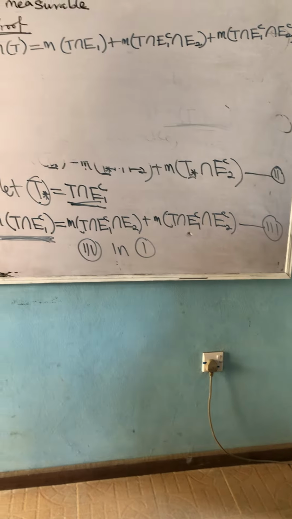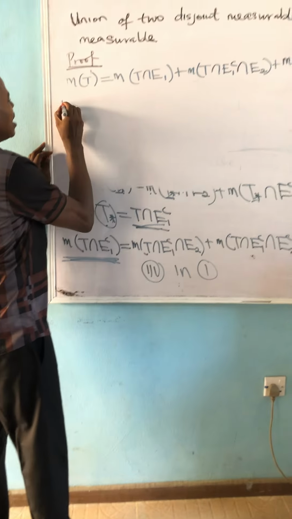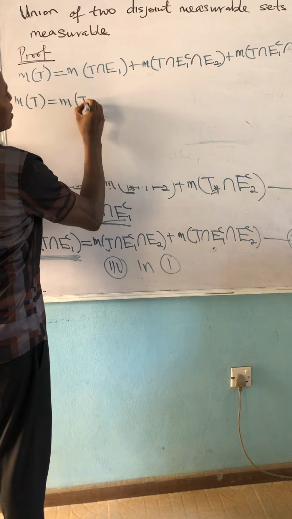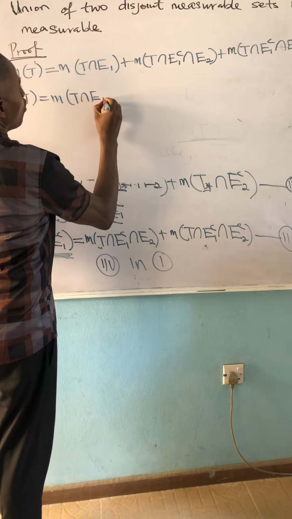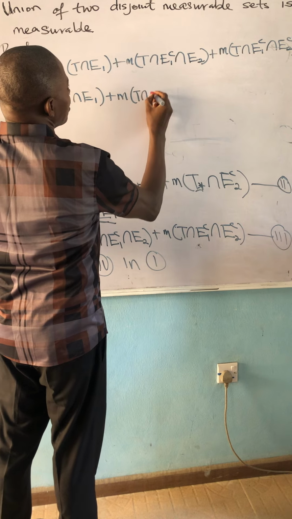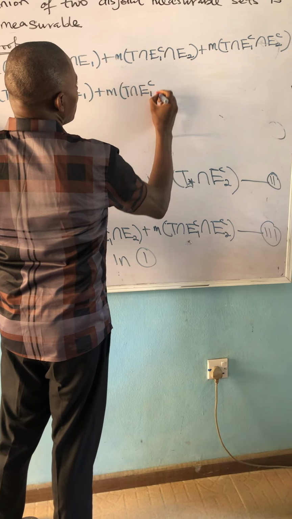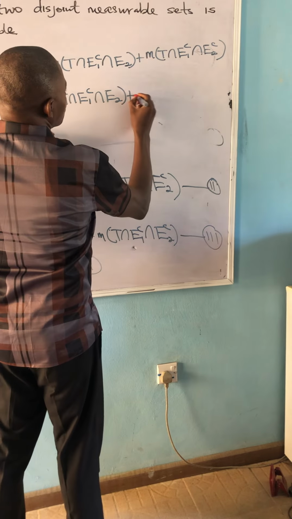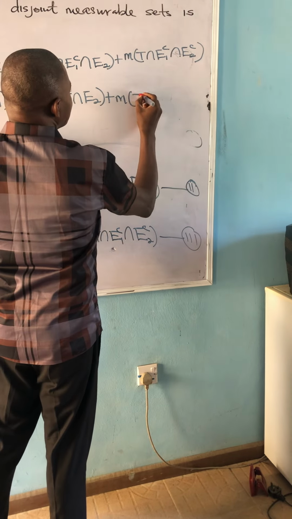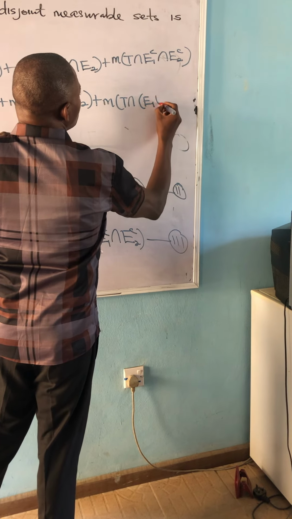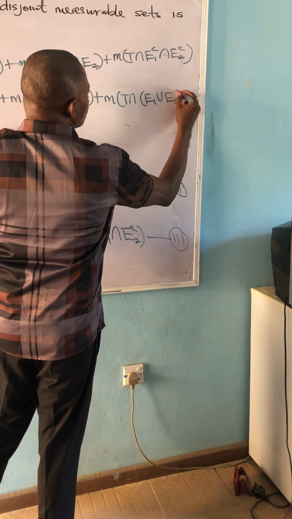By Lebesgue's law, we have the measure of T equals the measure of T intersection E1 plus the measure of T intersection E1 complement intersection E2 plus the measure of T intersection E1 union E2 complement.